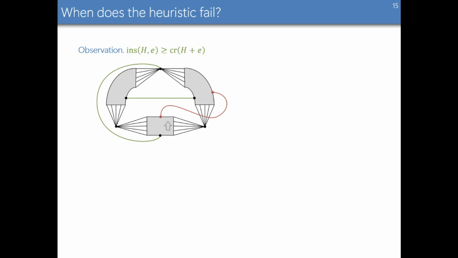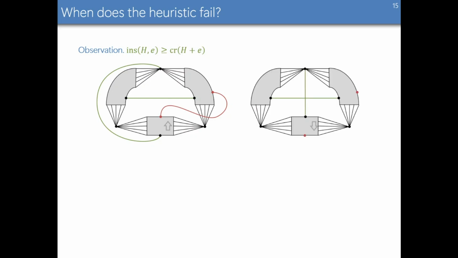But the graph allows for a much smaller crossing number. If you just were to flip this component first, then you would just flip this component. So this dot would be on the inside and the red dot would be on the outside. Now you do have a crossing within the planar graph H. It's a stupid crossing.